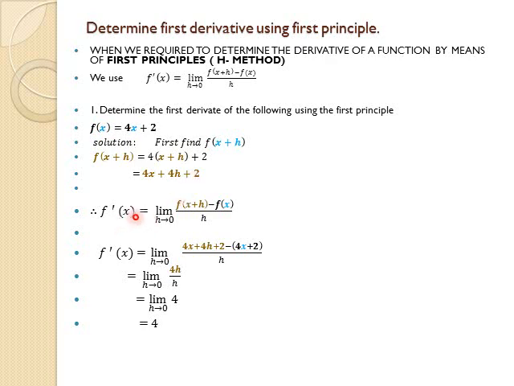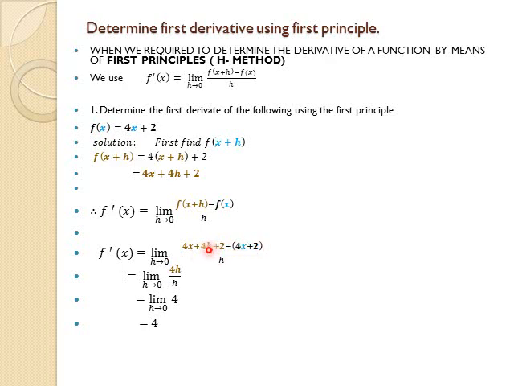So for f prime x equals the limit as h tends to 0 of f(x plus h) minus f(x) over h, f(x plus h) becomes 4x plus 4h plus 2, minus f of x, which was 4x plus 2. So I have 4x minus 4x, which becomes 0, 2 minus 2, which becomes 0, and I'm left with 4h.